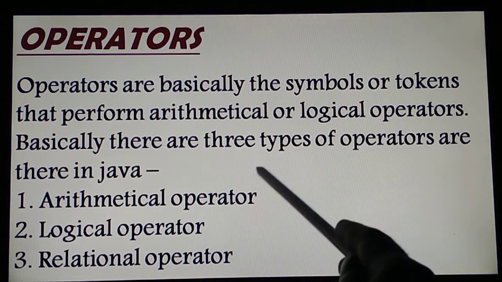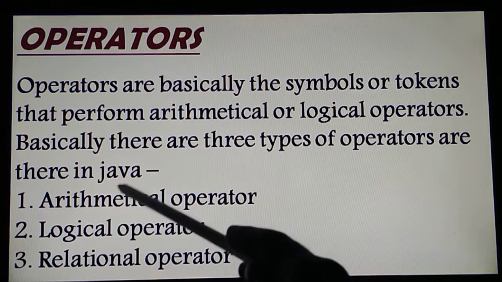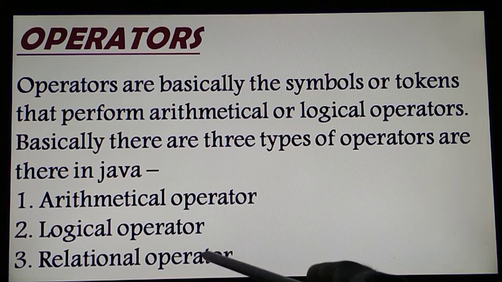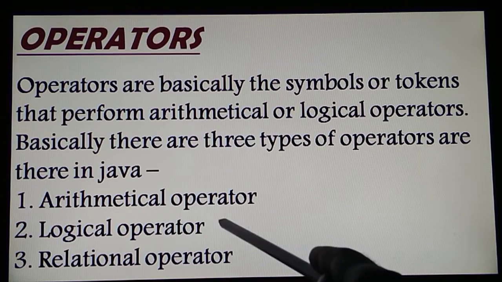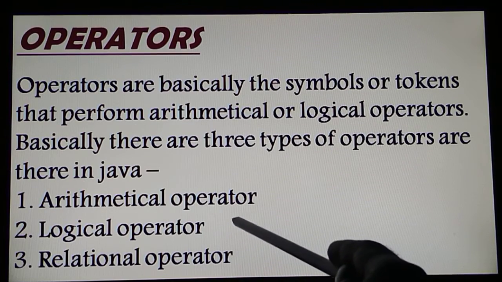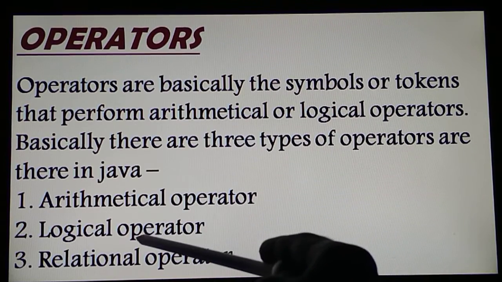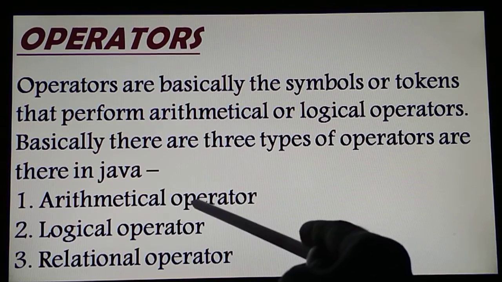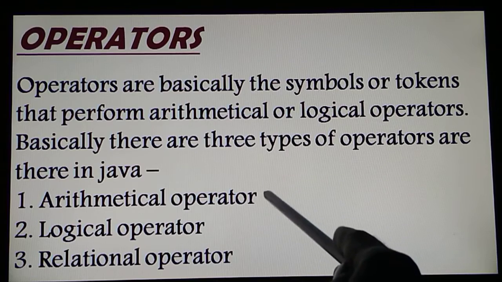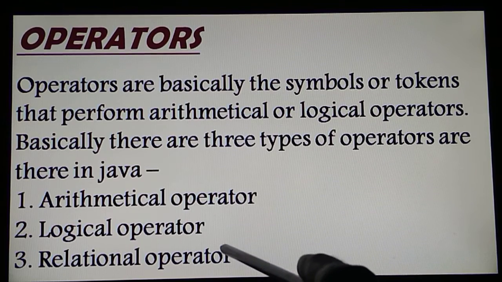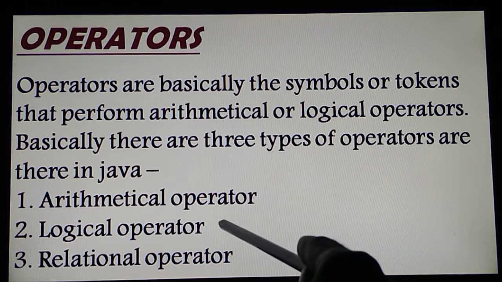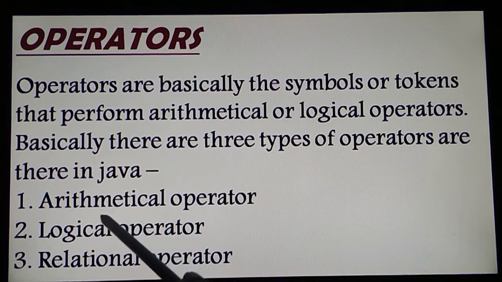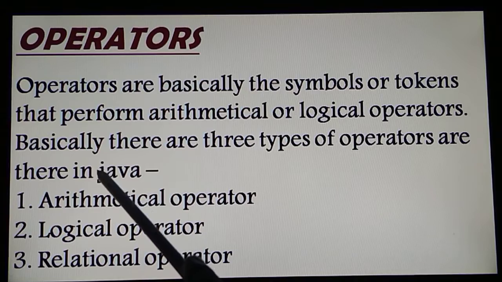Basically there are three types of operators: arithmetic operator, logical operator, relational operator. I have explained this in my previous video on ASCII code and Unicode, where I discussed character sets in Java, with a full explanation.